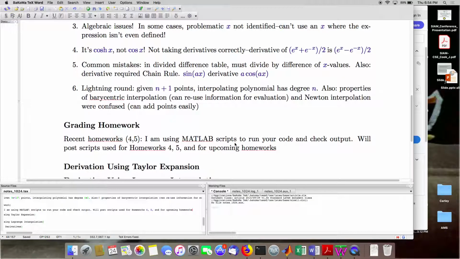I still need to do that for the upcoming assignment, homework 6, which is on the last material from interpolation and material that I'm going to start covering today. These scripts provide a sample input and basically an answer key.